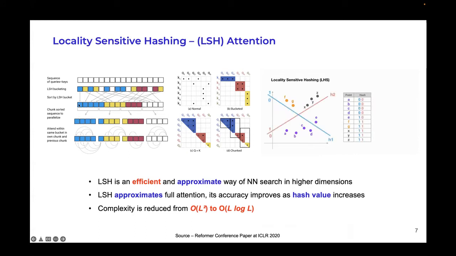Here you can see this complete sequence has been divided based on chunk size 4. The attention is calculated only on these 4 tokens, so a particular token attends to each other token in the same bucket. Now the time complexity is reduced a lot, from quadratic to logarithmic.